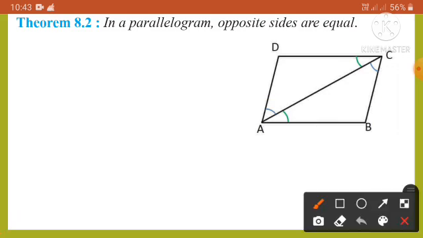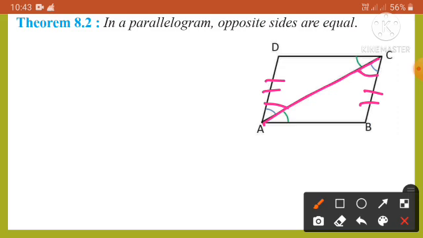As AB is parallel to DC and AC here is the transversal, we can easily say that angle BAC is equal to angle DCA as alternate angles. And also we know that AD is parallel to BC and AC is the transversal, so you can say that angle DAC is equal to angle BCA as alternate angles.